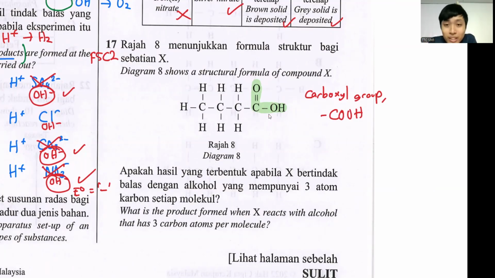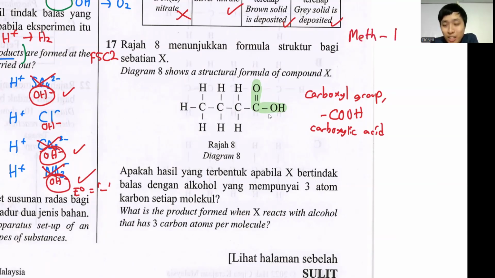COOH. What is the homologous series called? Carboxylic acid. How many carbons? 4. So what is the name? 4 carbon is called what?